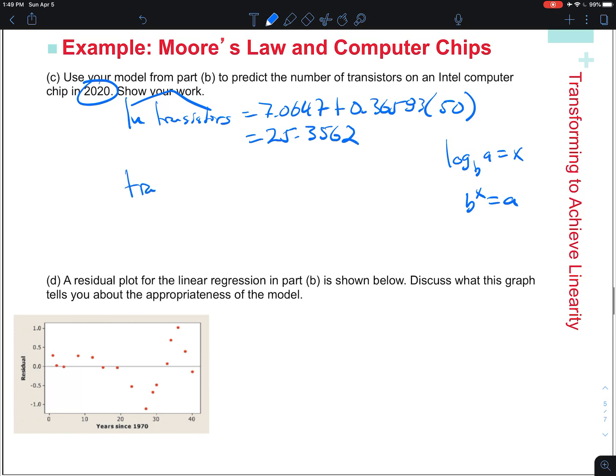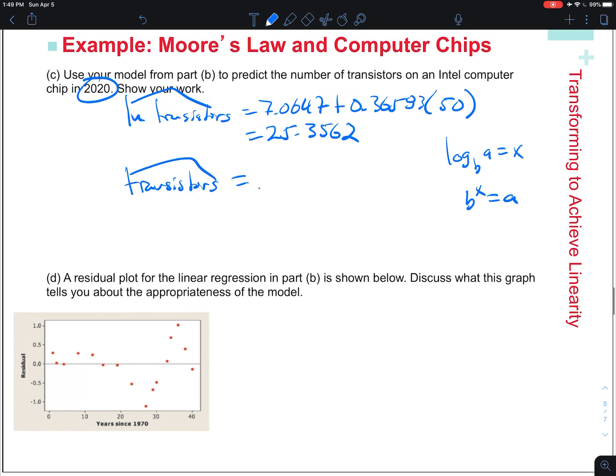So the transistors prediction is e to the 25.3562 power, or yikes, 1.028 times 10 to the 11th. It's a lot. So to exponentiate when you get that log equation, which is maybe a case for the natural log, you end up with this very large number of transistors.